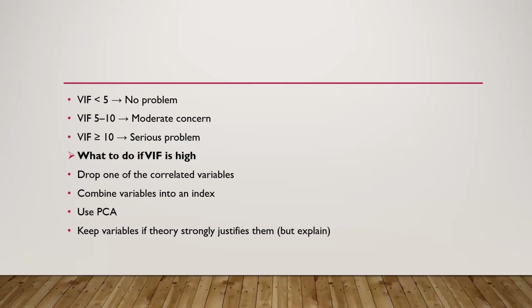Now, what do you do if you have a high VIF? One, drop one of the correlated variables, combine the variables into an index, use PCA, or keep the variables if theory strongly justifies them. The last time we had a lecture, I explained to you that if you notice multicollinearity between particular variables, first of all, you also have to go and check theory.